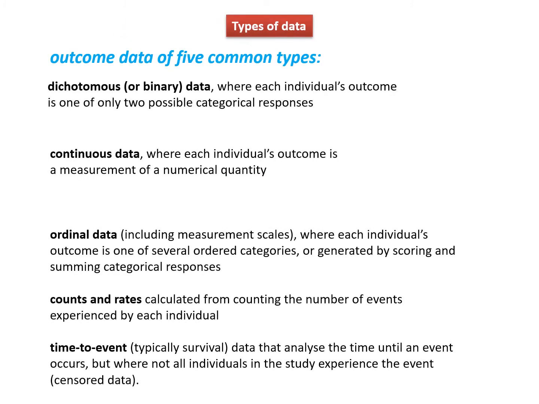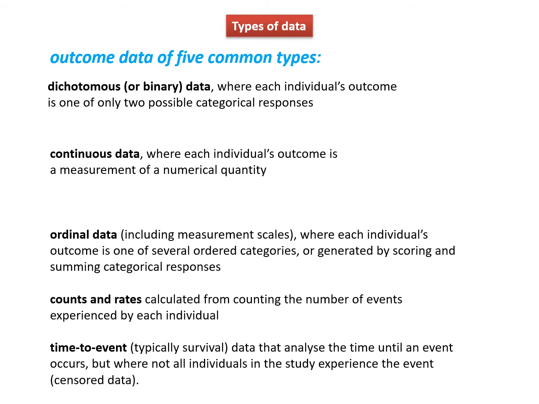What kind of data can we include in our meta-analysis? Outcome data are of 5 common types. Dichotomous or binary data, where each individual's outcome is one of only 2 possible categorical responses. Continuous data, where each individual's outcome is a measurement of a numerical quantity.